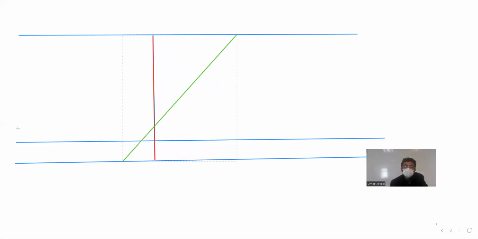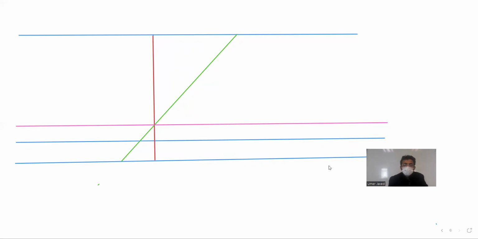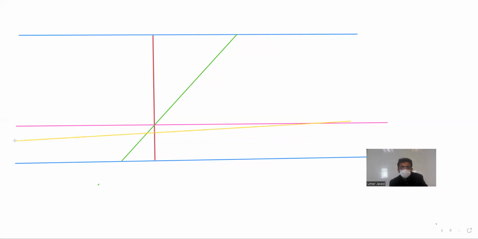Neutral axis is somewhere here. I was about to make a mistake. This was our neutral axis. So let me use a yellow line. Let me make a yellow line.